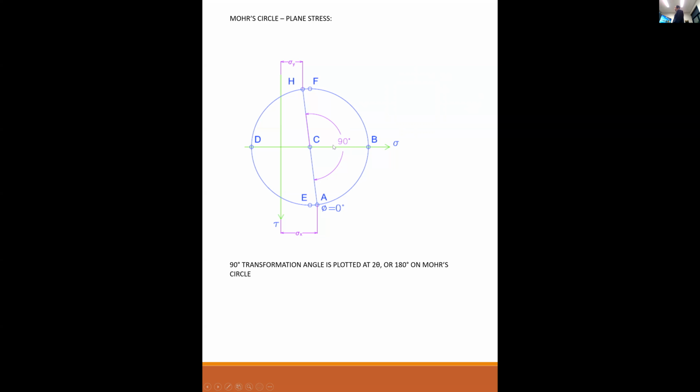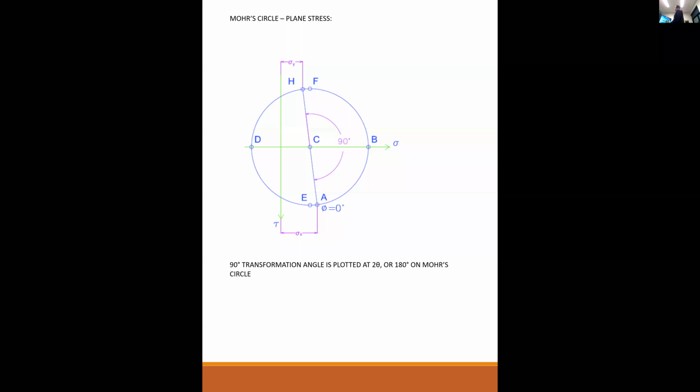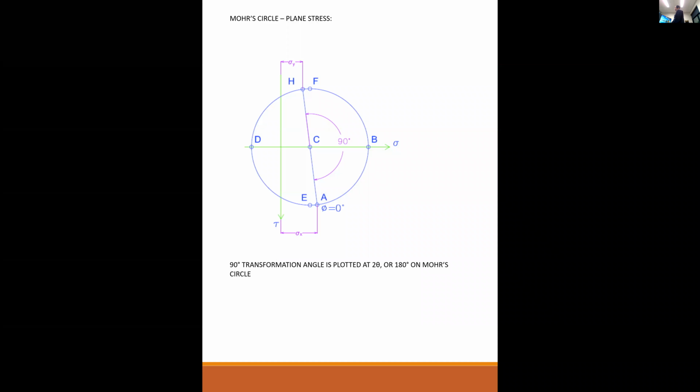Okay, so theta is equal to 90 between A and H, but you draw it at 180 on the circle. So whatever it really is, it's twice that when you draw it. Okay. Let's go through the example and hopefully that will clarify it a little bit more for you. Yeah. Thank you.